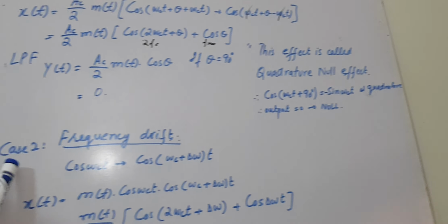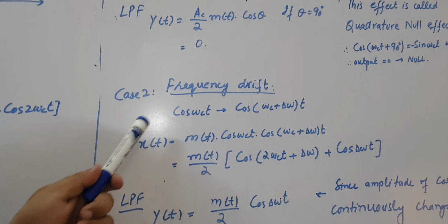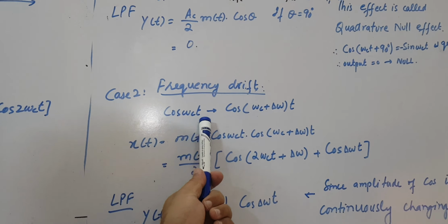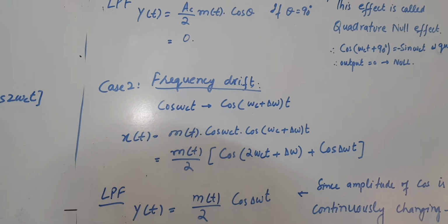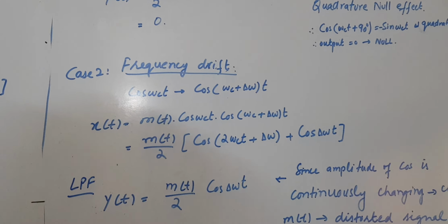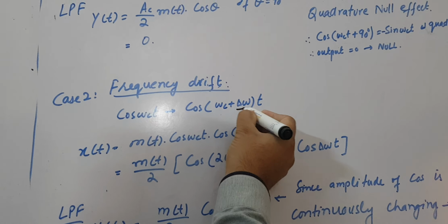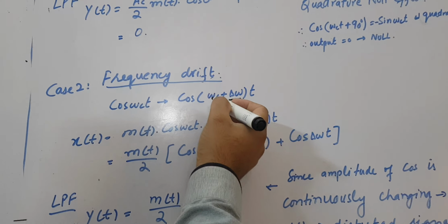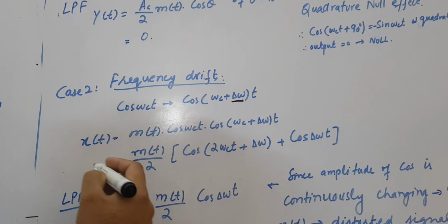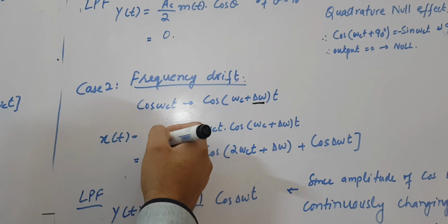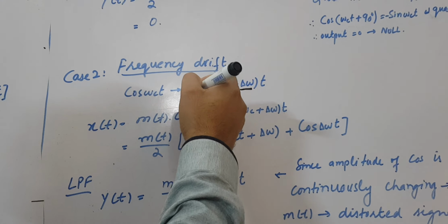The second case is the frequency drift. If your locally generated signal has a certain change in frequency, it is ωc plus Δω, and then x(t) is the product of the double sideband suppressed carrier and this signal.